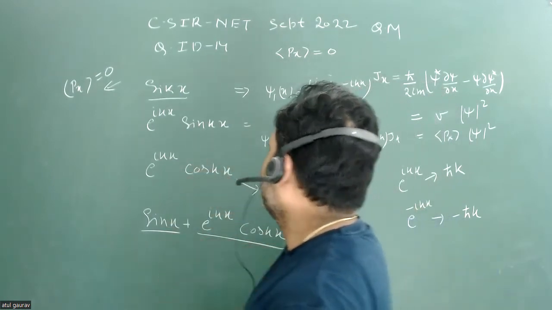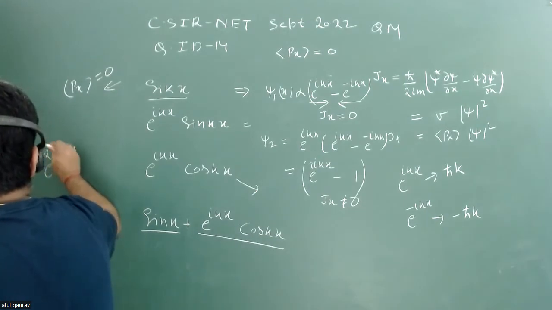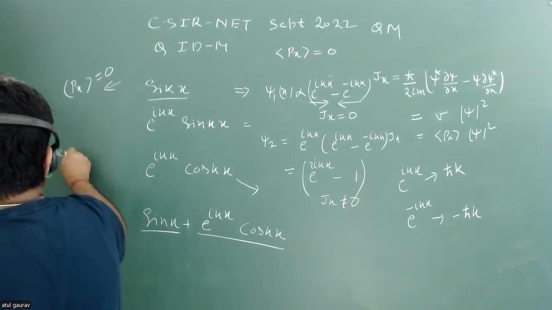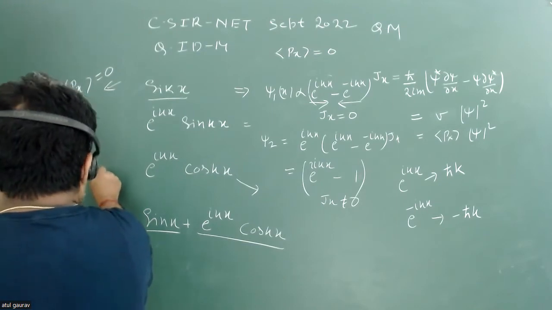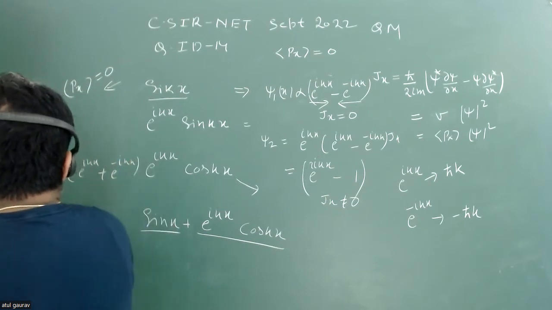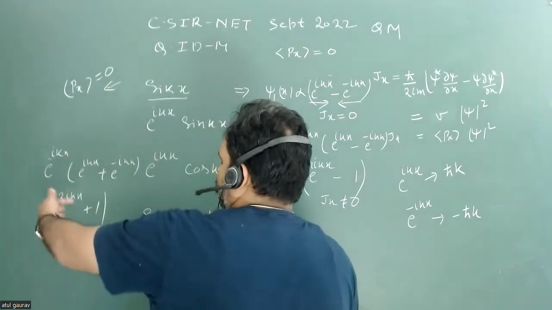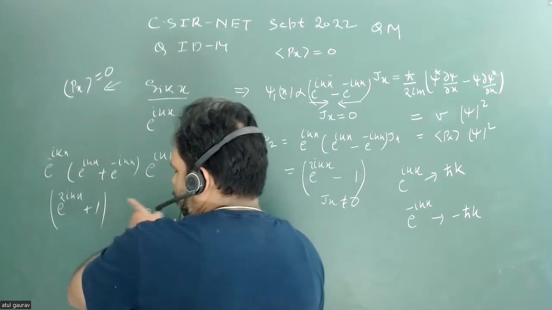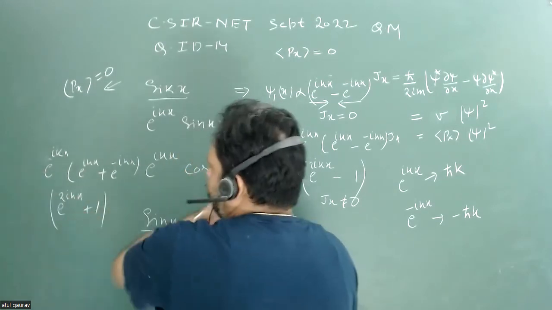Similarly, in the other case, I have e^(ikx) times (e^(ikx) plus e^(-ikx)), which gives e^(2ikx) plus 1. Again the incoming momentum is more than in the opposite direction; in the opposite direction there is no momentum going on.